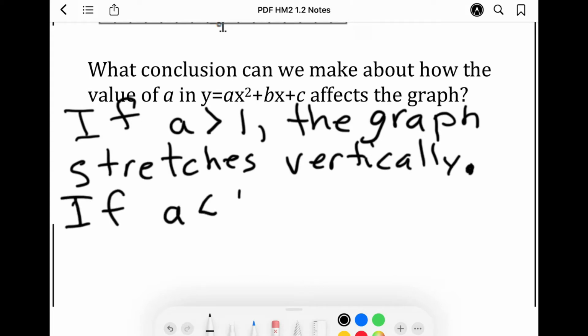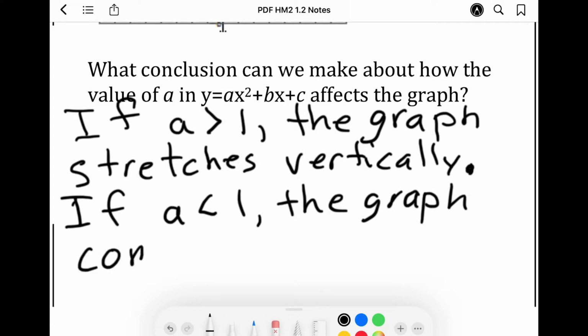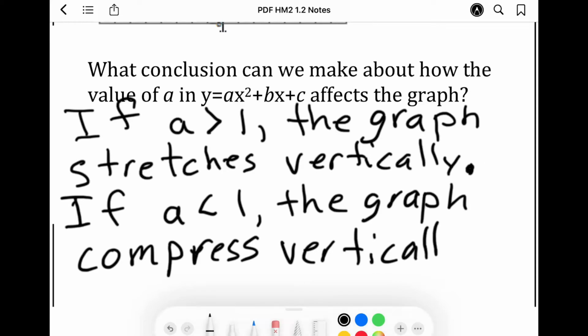If a is less than 1, the graph will compress vertically. So there is your conclusion of whether a is less than or greater than 1.